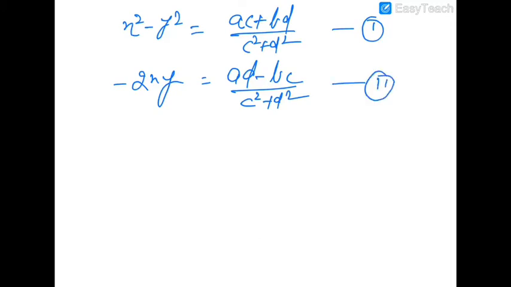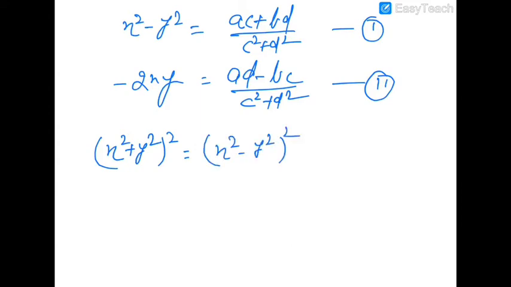Now you do one thing: you square these two and add. Because you have to find out (x square plus y square) whole square. This can be written as (x square minus y square) whole square plus 4x square y square, which is the square of this. So if you add, you will be getting this one.